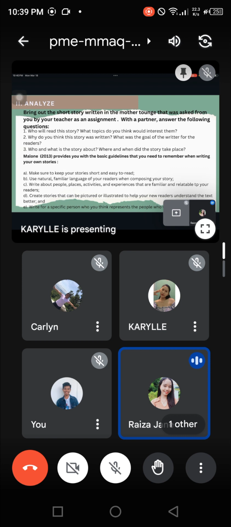So, napaka-importante din na kapag gagawa tayo ng stories is naka-include yung mga pictures para nun mas masubaybayan ng mga readers natin. Mas magiging interesado sila na basahin yun kasi nakikita, parang na-i-imagine nila yung actual na sitwasyon na base dun sa story.